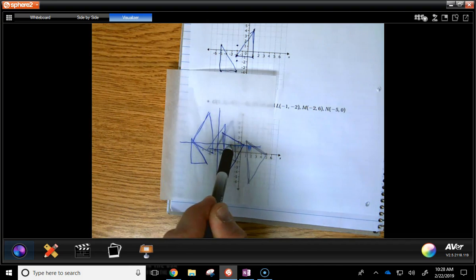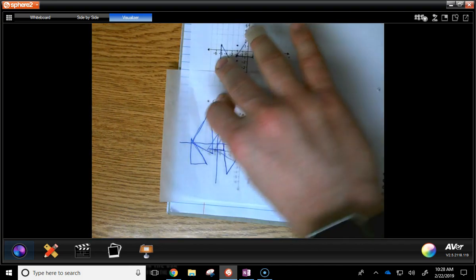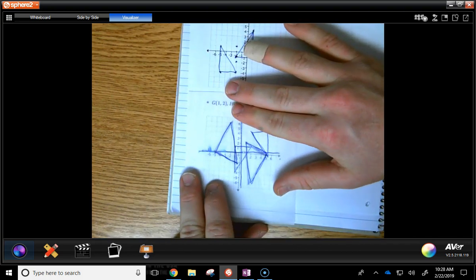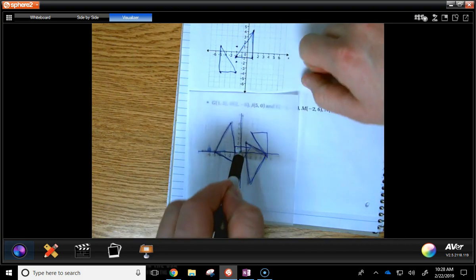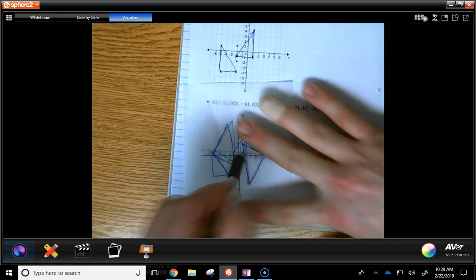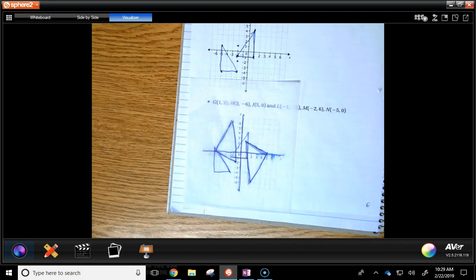It didn't equal, did it? Now, I could do that, and then I'd have to translate. Or, I put my rotation right at 0, 0. Oh, my paper slipped. And it was able to equal the same.